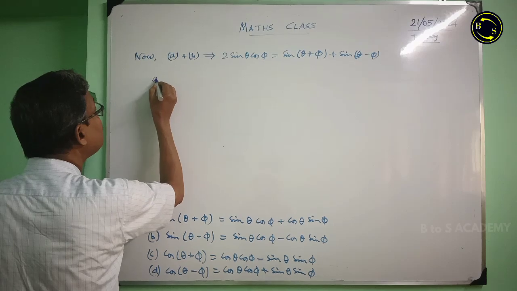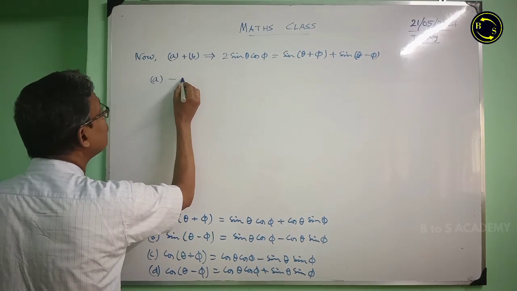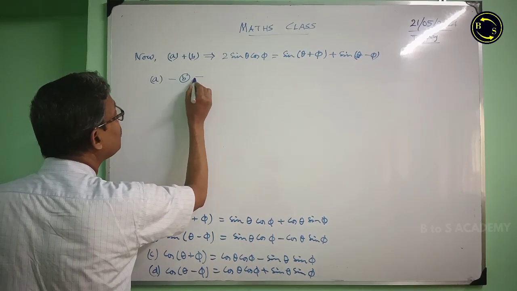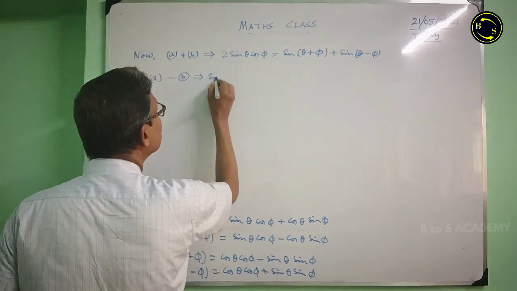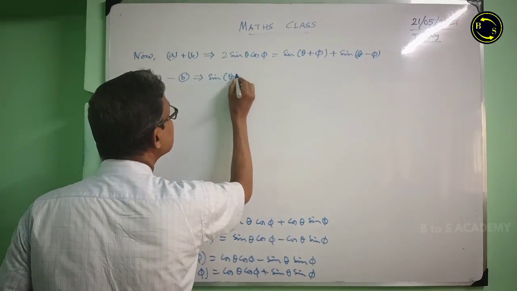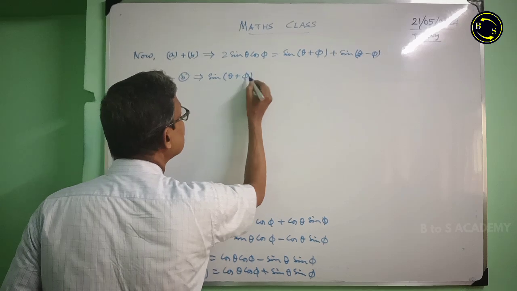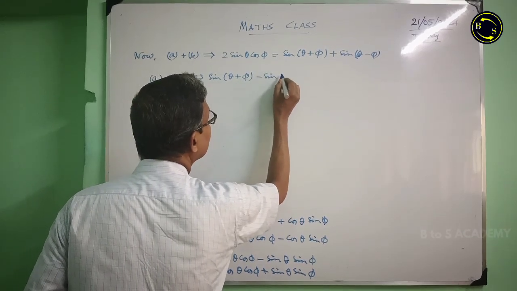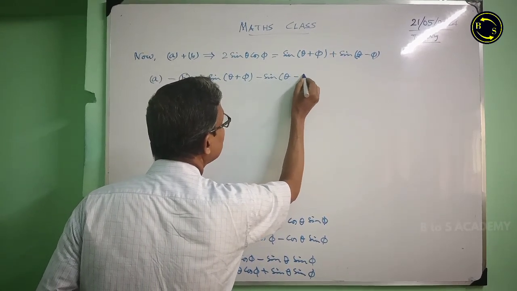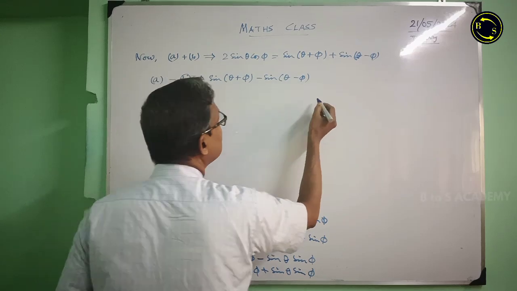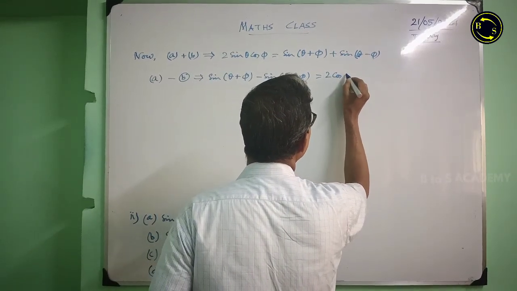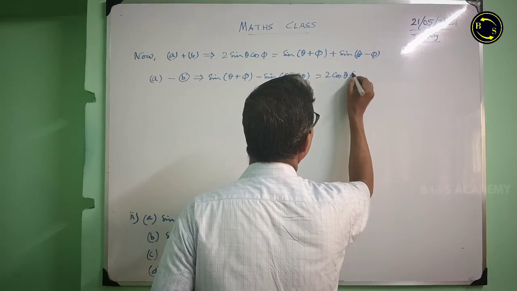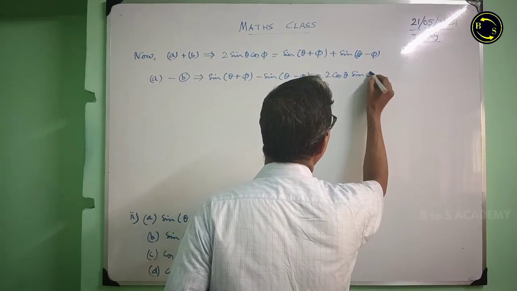Then if we take the difference, we get sin of theta plus phi minus sin of theta minus phi, that will be equal to 2 cosine theta sin phi.